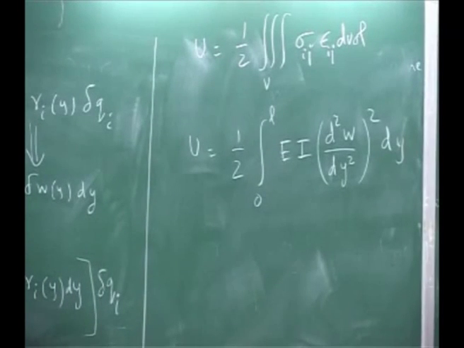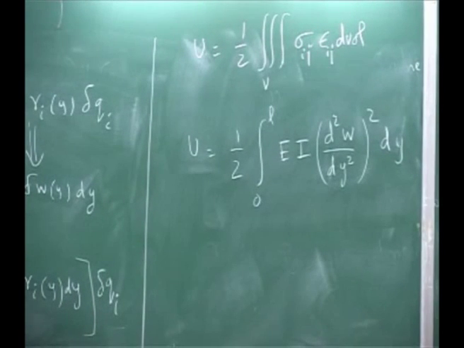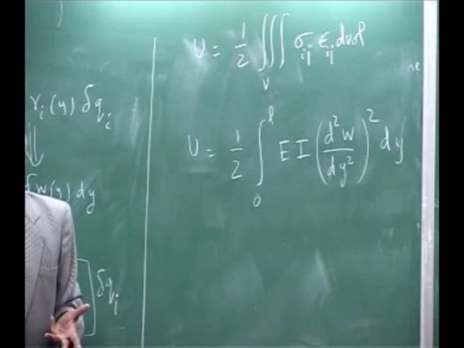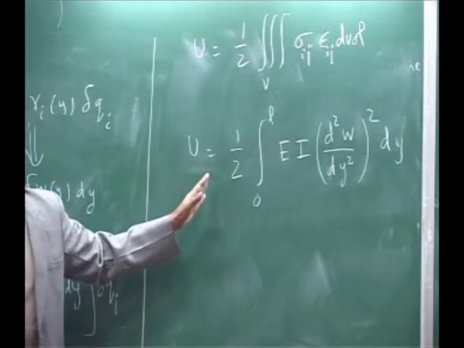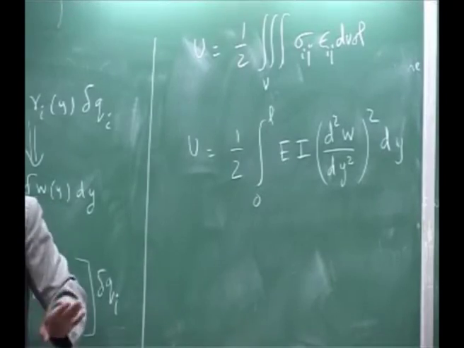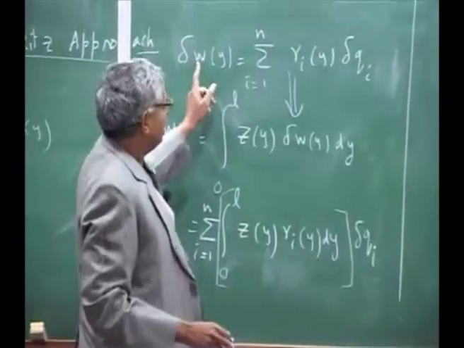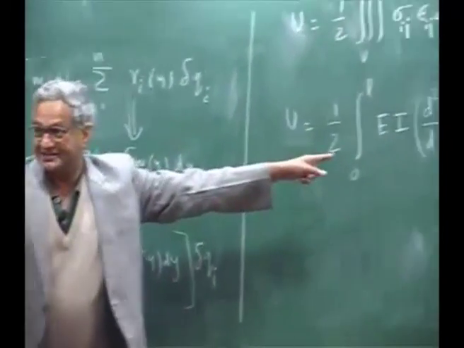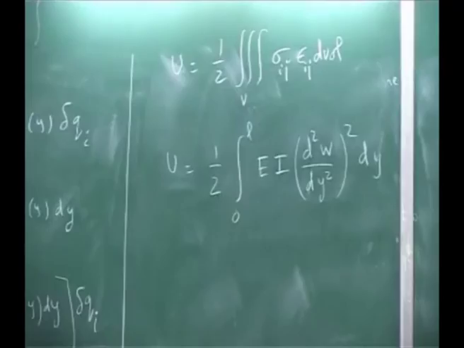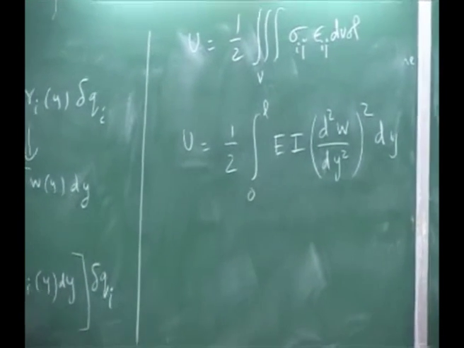Please understand, for the beam bending problem with the Euler-Bernoulli assumption, all those things are there. That is why I am not deriving all this stuff. This you are familiar with, right? So this is the strain energy of the beam under bending deformation. Now what you do, you go and substitute this expression here. Okay. Now you see an interesting part comes in.